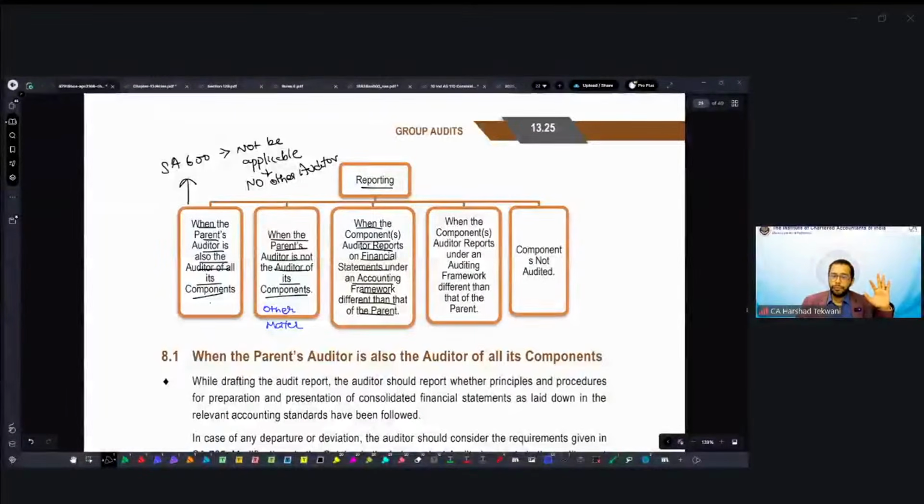What will you do? How will you report? Not only the other matter paragraph, but what will you do in that particular scenario? How will you report? Anyone?